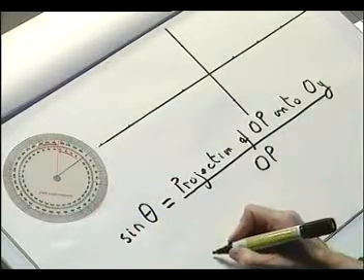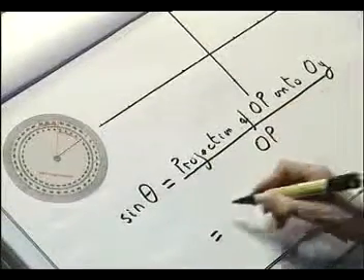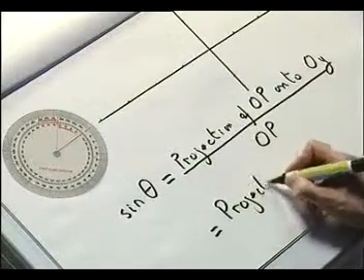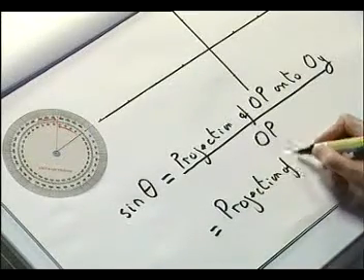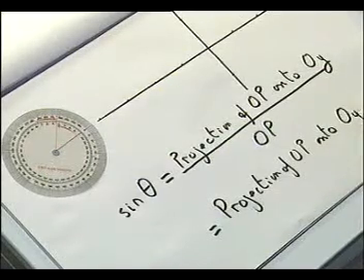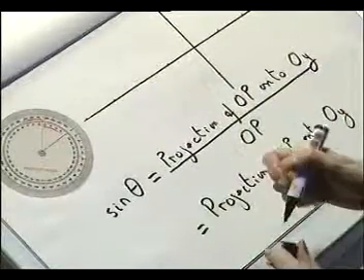But if I choose to make OP the measure, the unit, then sine theta is just the projection of OP onto OY. Now, let's have a look what that means in terms of a graph.